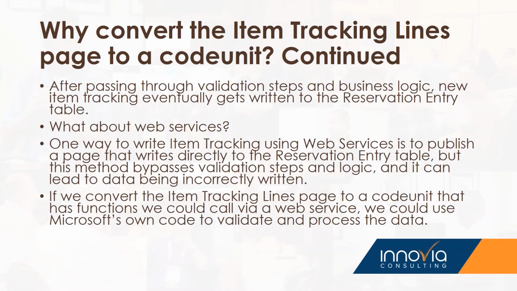In doing so, we do hit the validation steps that Microsoft uses, and we use the processing logic that Microsoft uses. We don't leave that up to the outside external application, making sure that everything's getting written correctly.